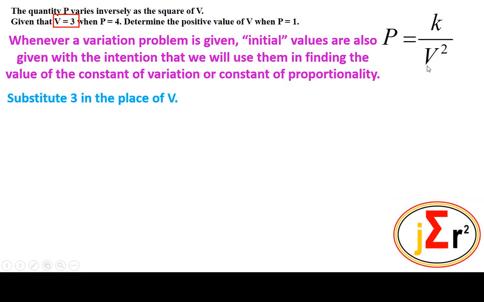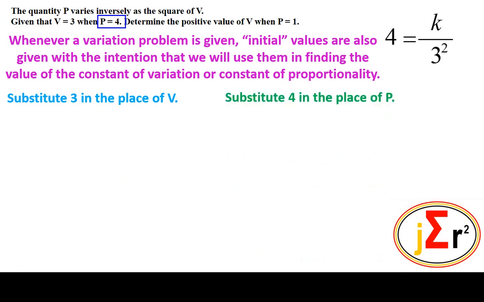Also, P is equal to 4. Substitute 4 in the place of P. The only unknown that we have is K. And we have a single equation with a single unknown, then we know that we have a unique solution.